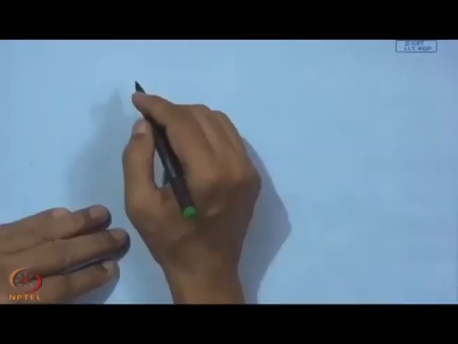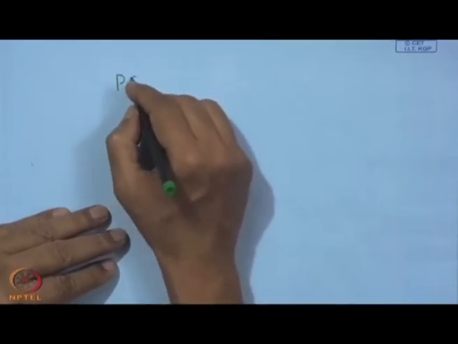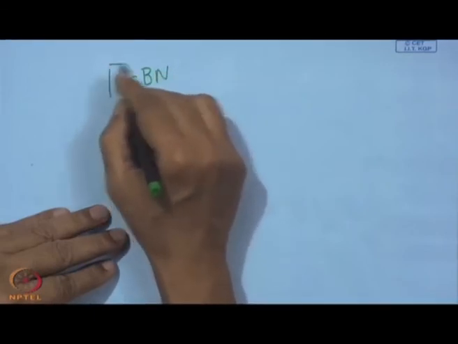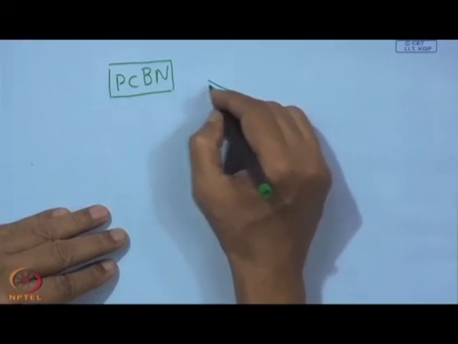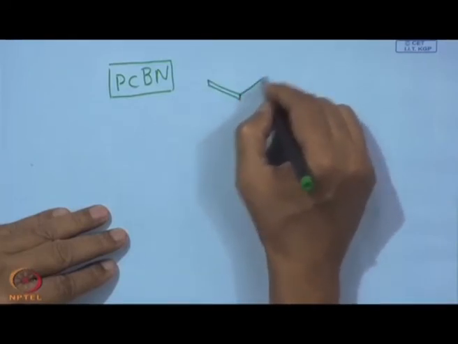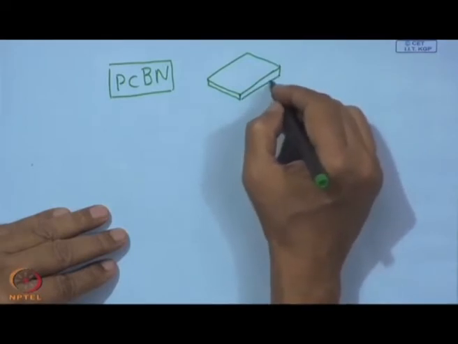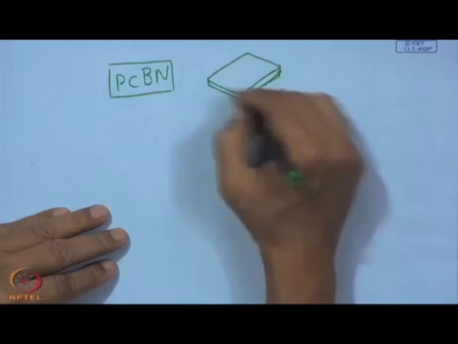Normally, CBN, though it is man made, we get as PCBN, polycrystalline CBN, which comes like a lamina of about 0.5 millimeter thick layer.